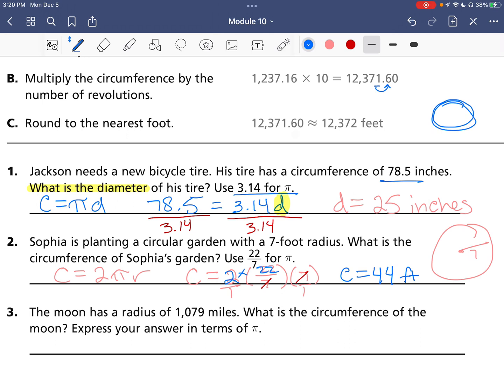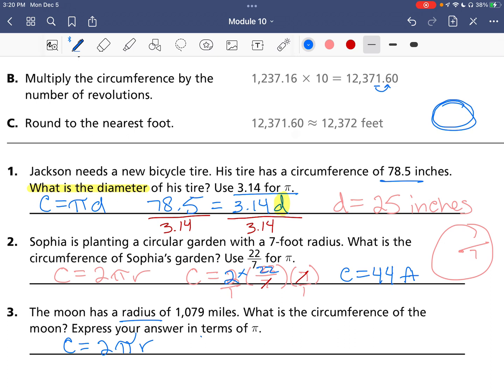All right, in our last one, the moon has a radius of 1,079 miles. What is the circumference of the moon? Express your answer in terms of pi. So we've got radius, so circumference equals 2 pi r.